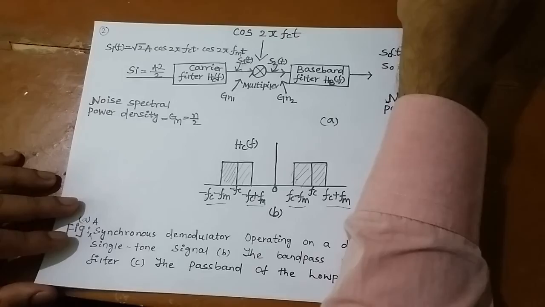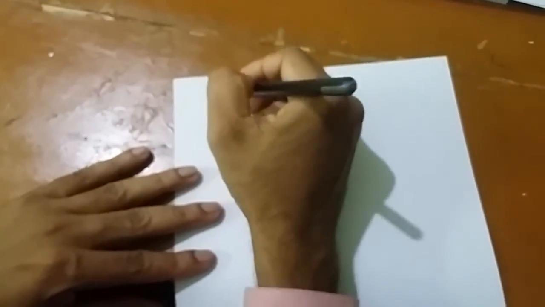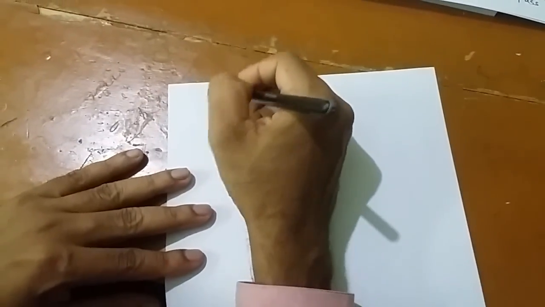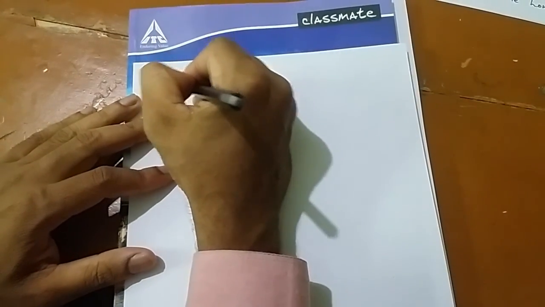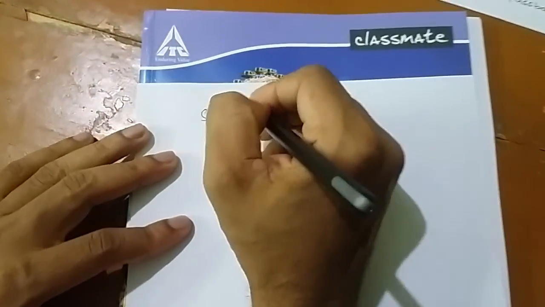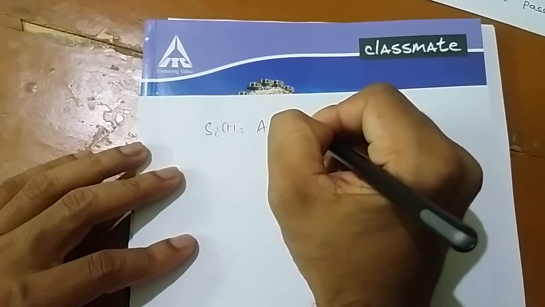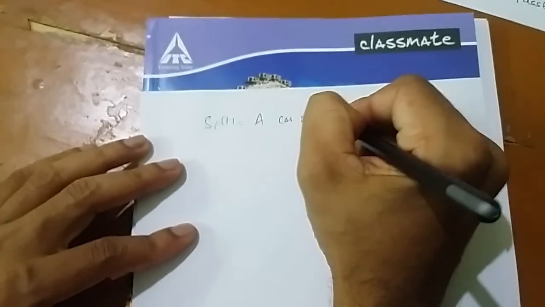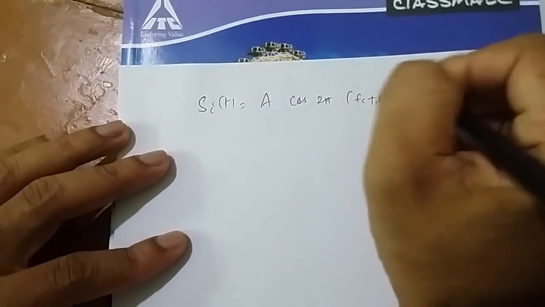First, let us see what is the signal power of the double sideband suppressed carrier. In the single sideband suppressed carrier, we have taken si(t) equal to A cos 2 pi (fc plus fm)t.